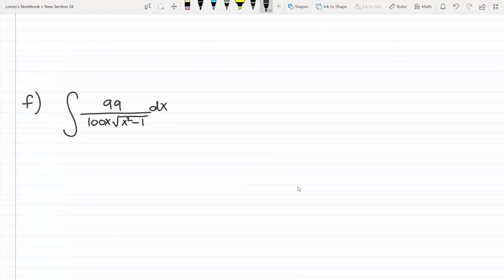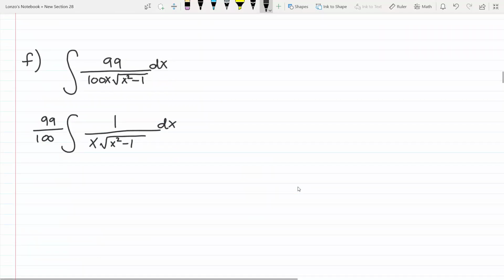Okay, F. What I would do is factor out the constant of 99/100. You're left with 1 over x square root of x squared minus 1 dx. That's a special one.